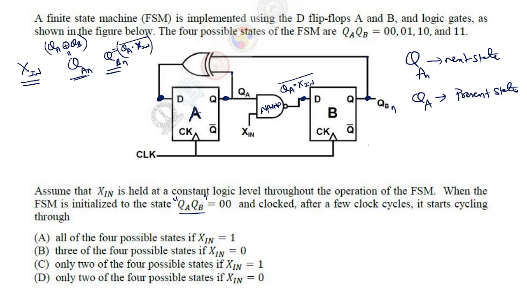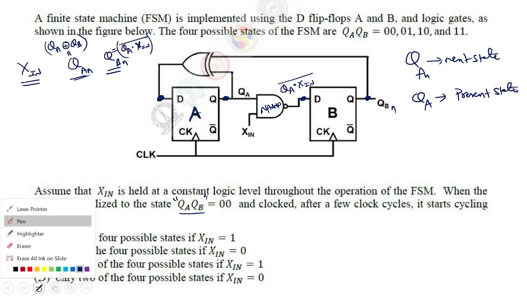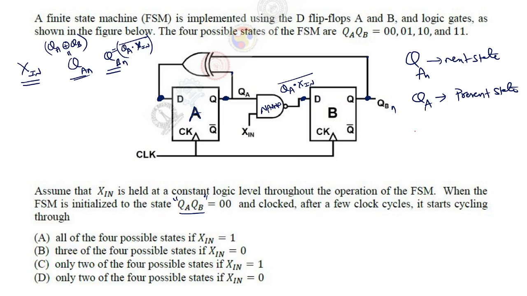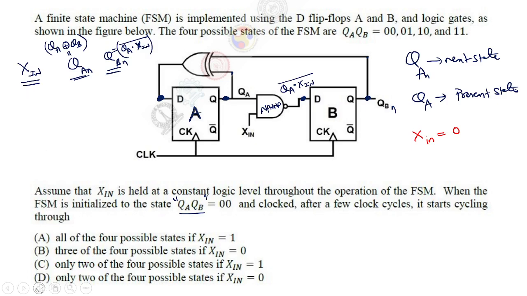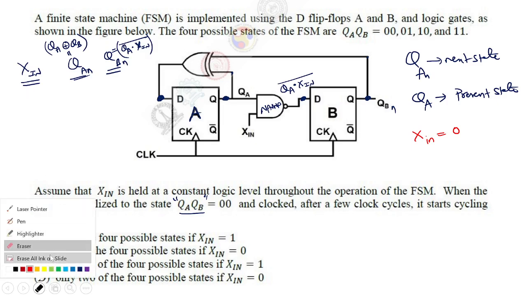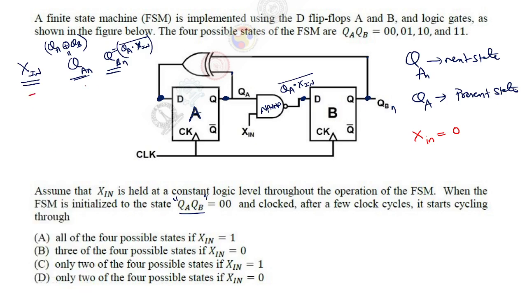Now what you need to do is you first take Xin as 0. When nothing is applied, QA QB is 0, 0, and you take Xin equal to 0.